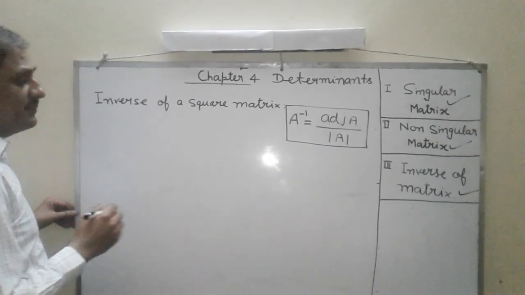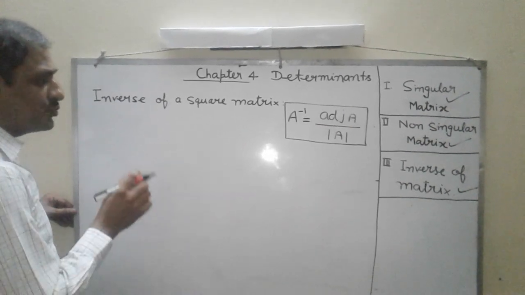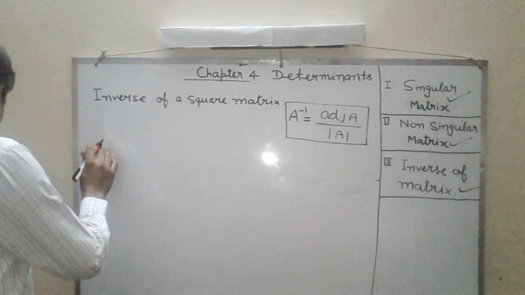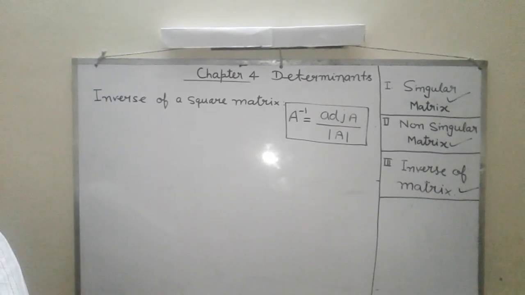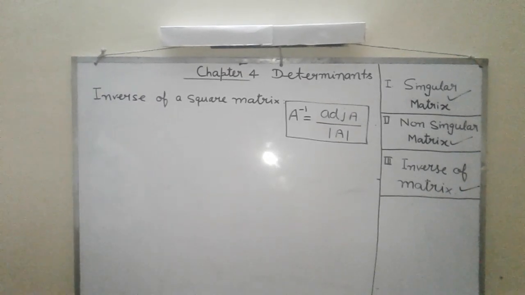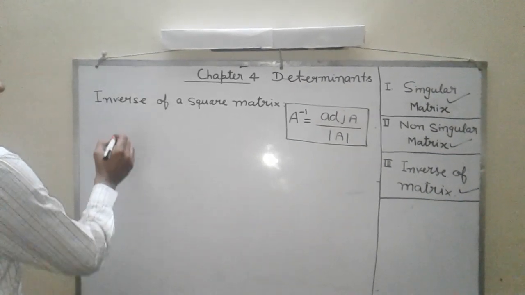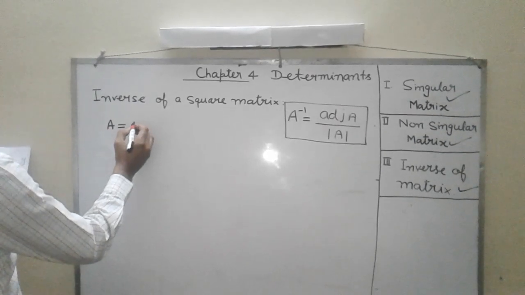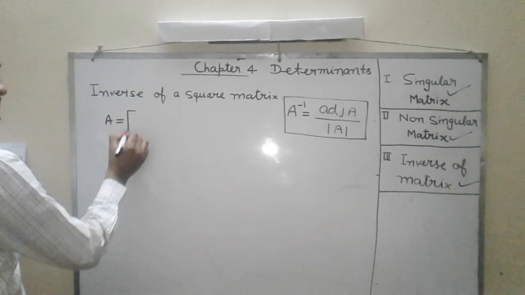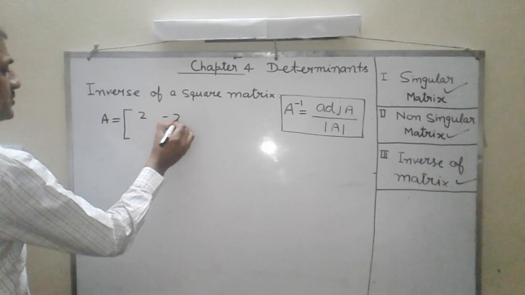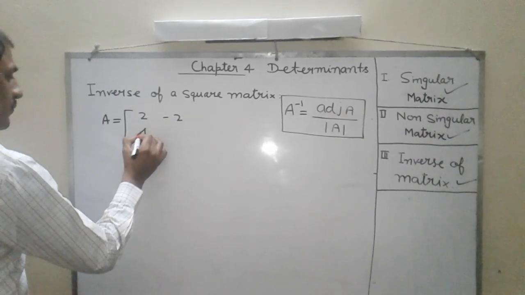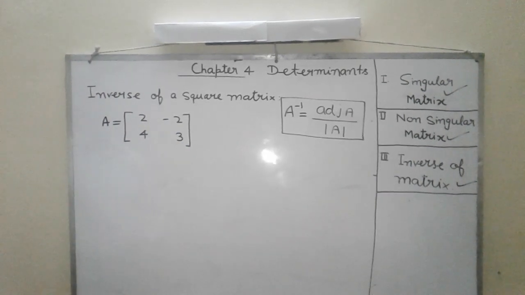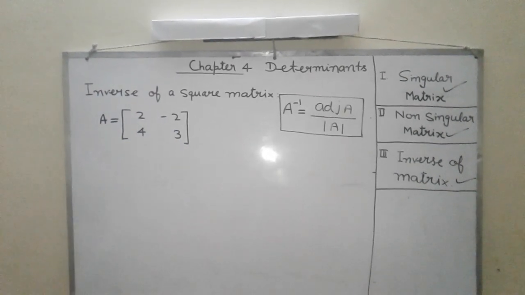Now I am taking an example. How should we find the inverse of a square matrix? Let a square matrix A be the matrix with rows 2, minus 2 and 4, 3. Here I am going to find the inverse of this matrix.